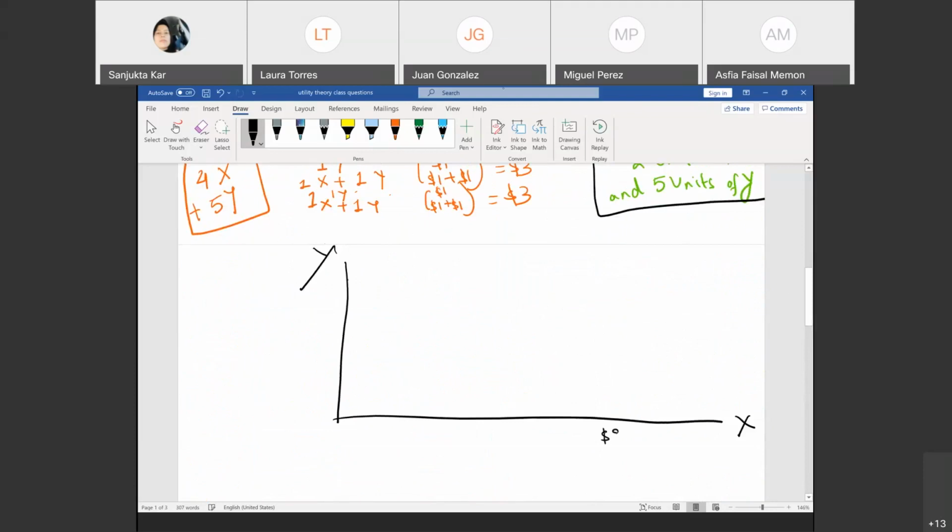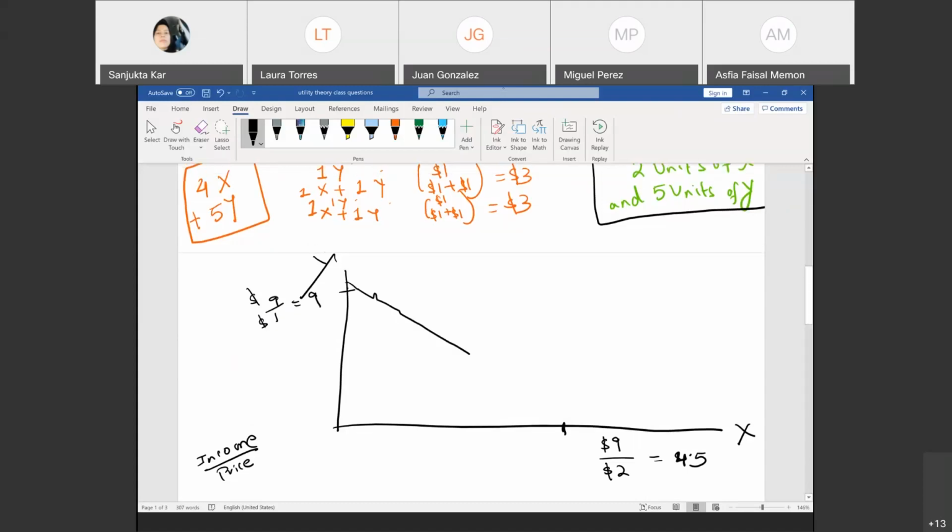So 9 over $2. I'm going to divide the income over the price of the good. This one is 4.5, and this one is 9 over 1. And so I'm doing the anchor points here. So this is my initial point.